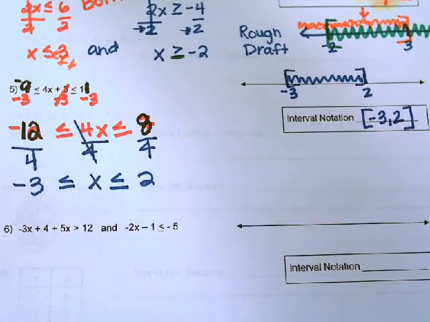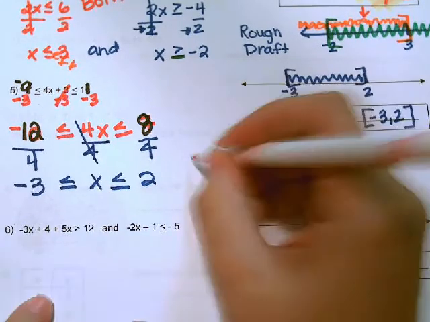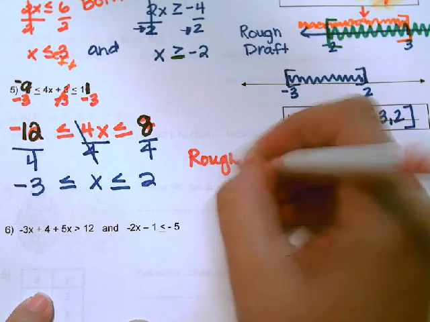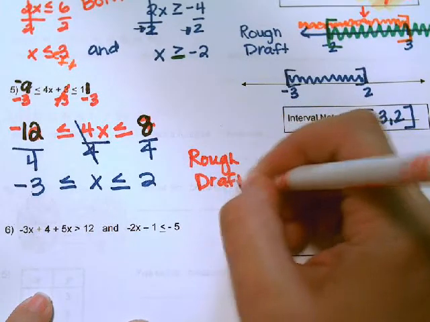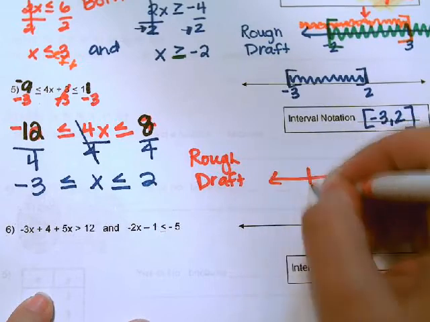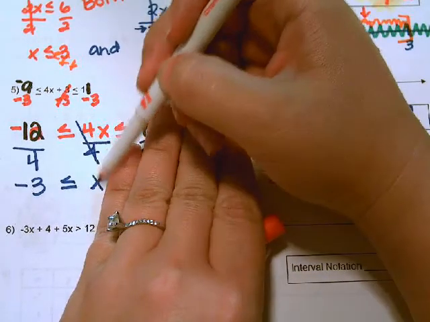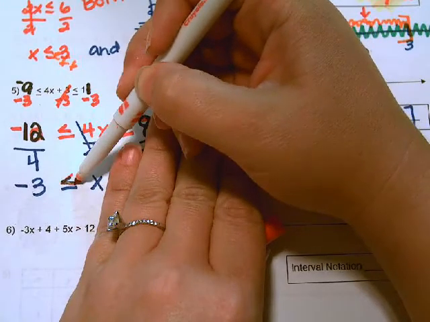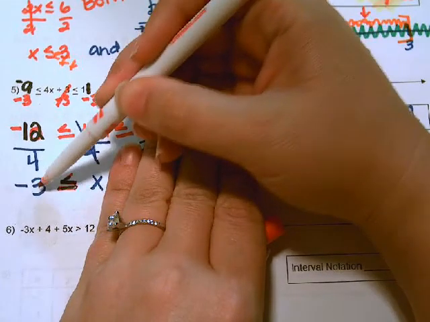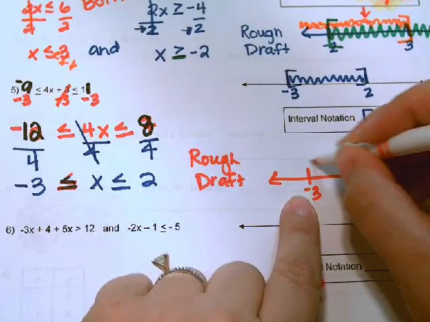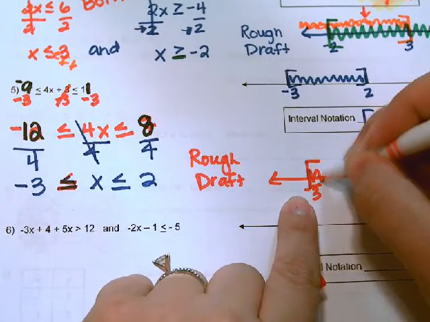Now, if you want to know why that is, and we did a rough draft, if we split this up, this is saying shade all the numbers that are bigger than or equal to -3. So all the numbers bigger than or equal to -3 are over here.